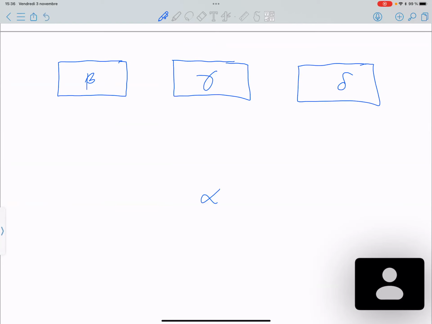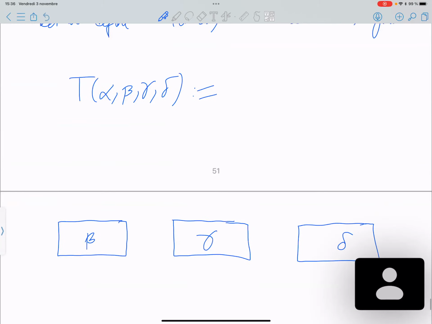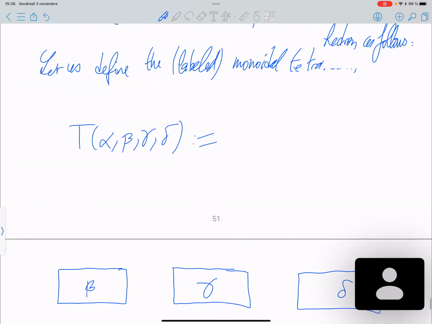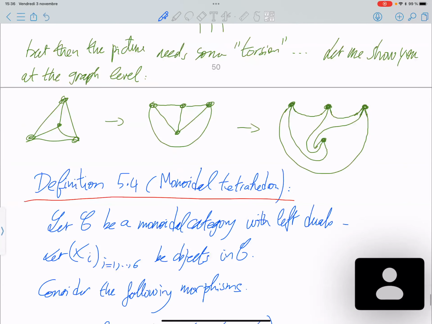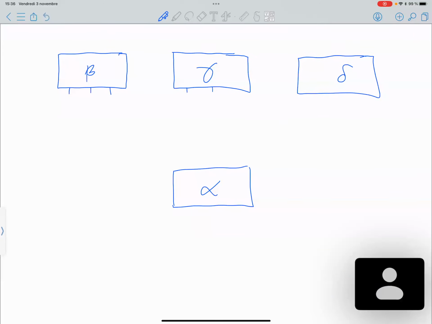And so as here, we have the three objects.